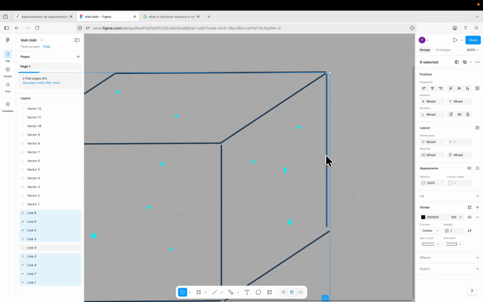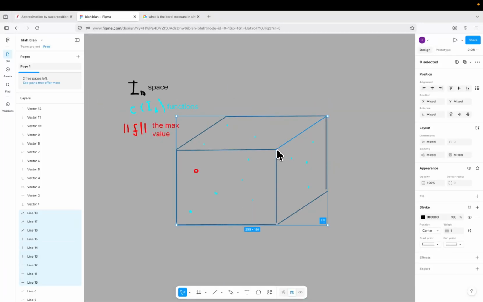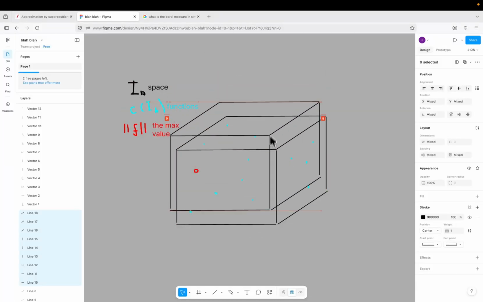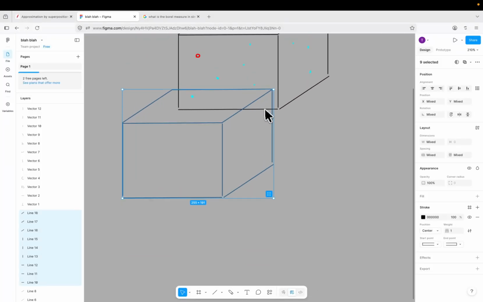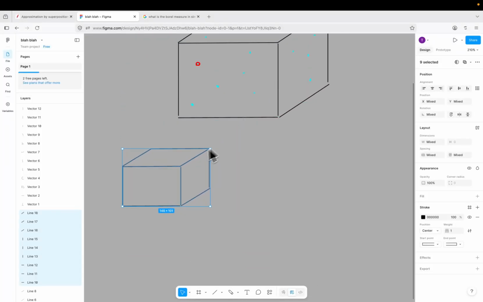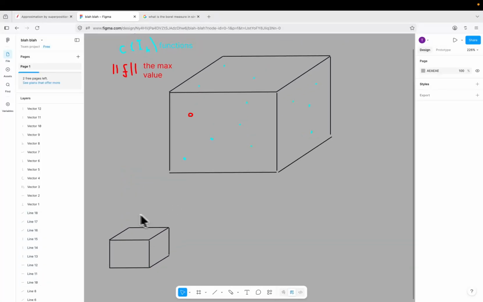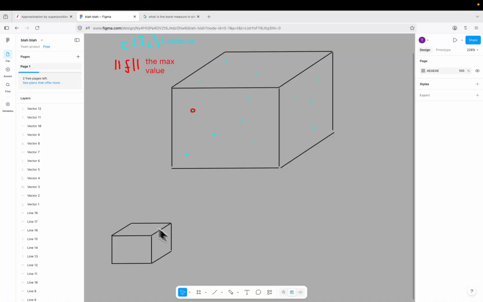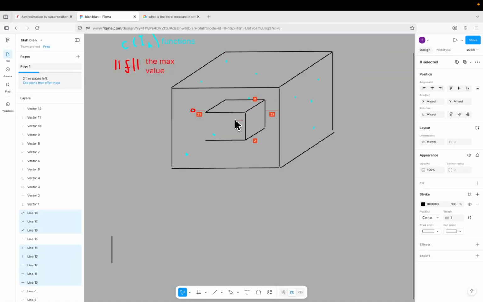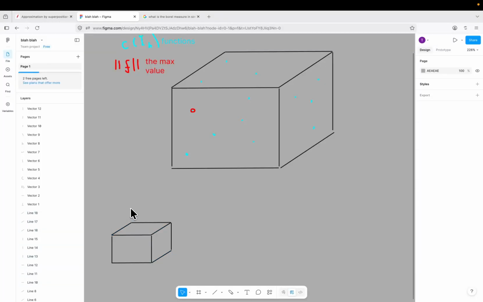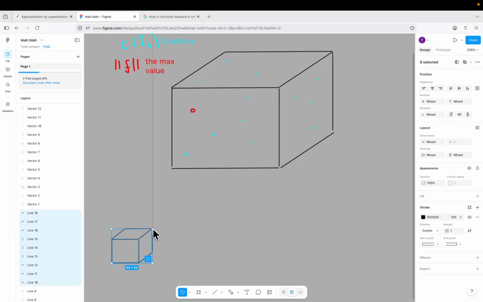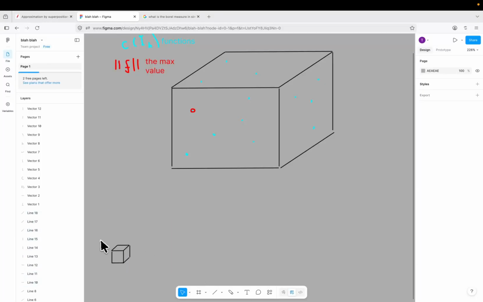And this one. Let's make it smaller. Yeah, like that. Let's make it even smaller.